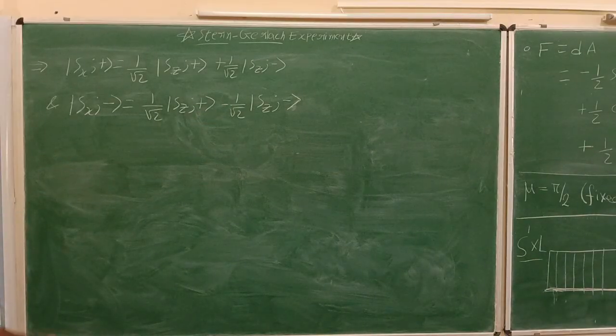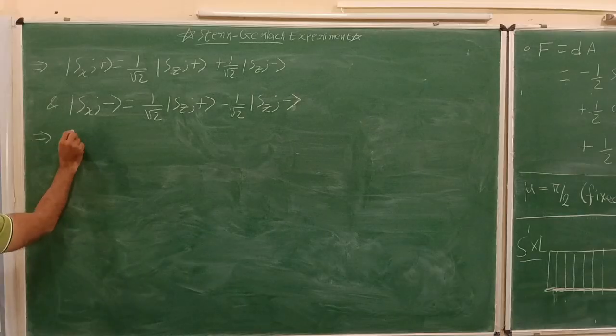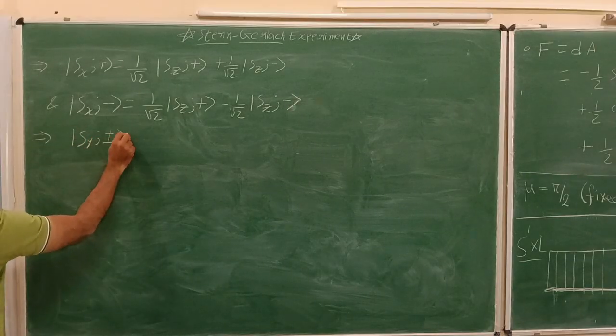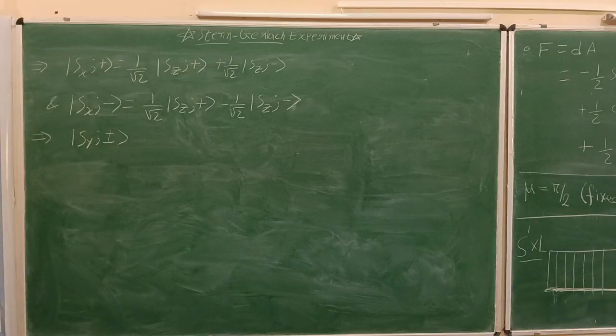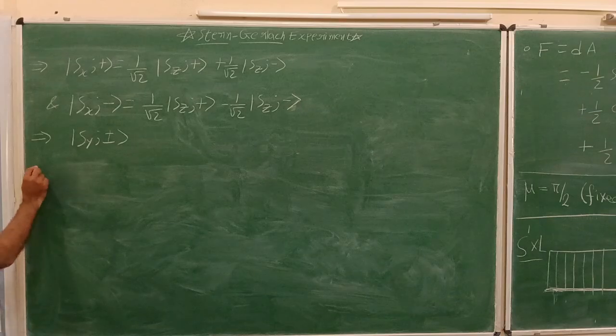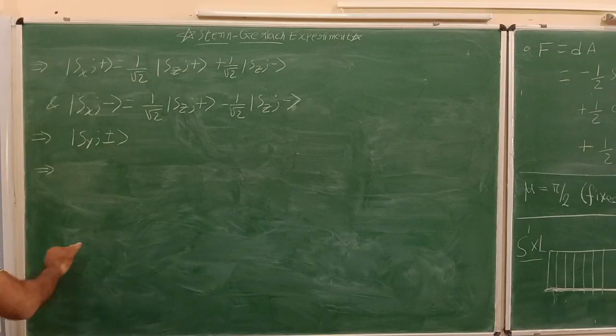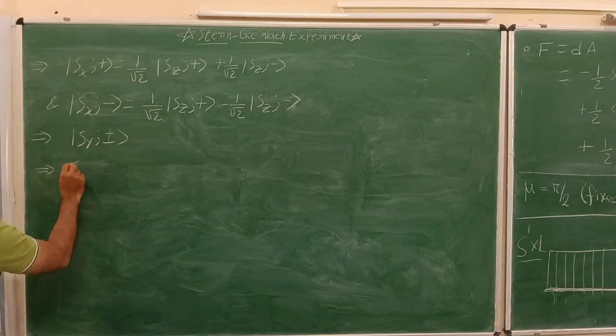So what about spin y states? We can write one more linear combination, where instead of plane polarized light we use circularly polarized light.